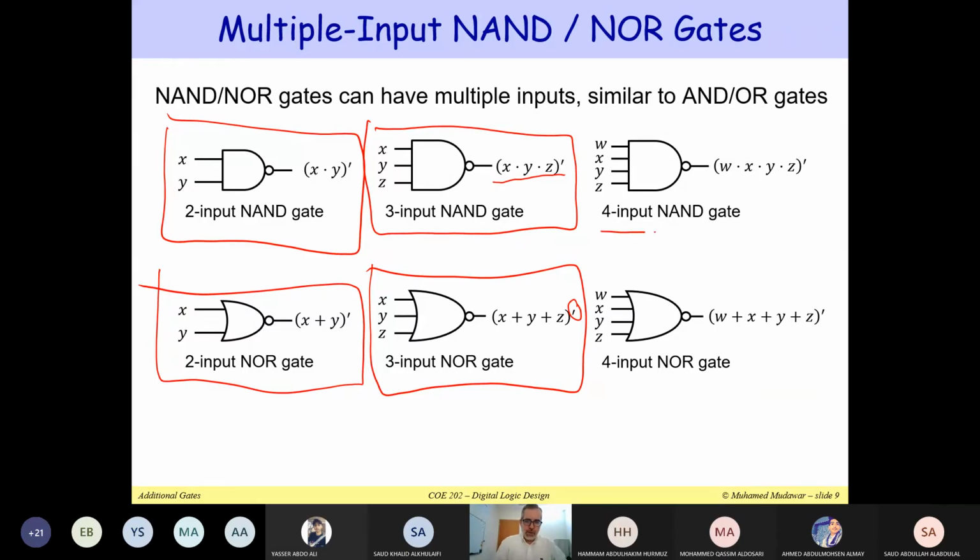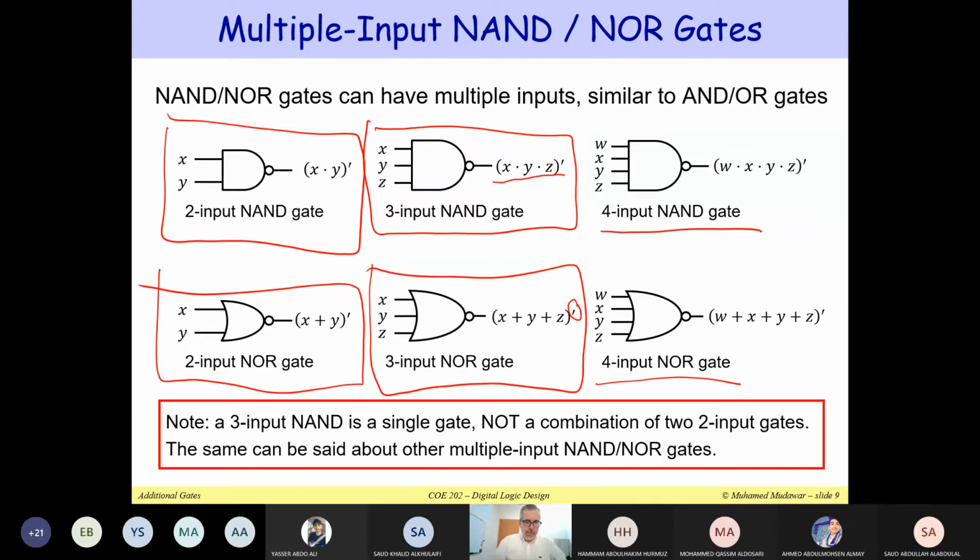You can also have a 4-input NAND gate and a 4-input NOR gate. You can have 3 or 4 or even more if you want. The same thing can be said about other multiple input NAND and NOR gates.